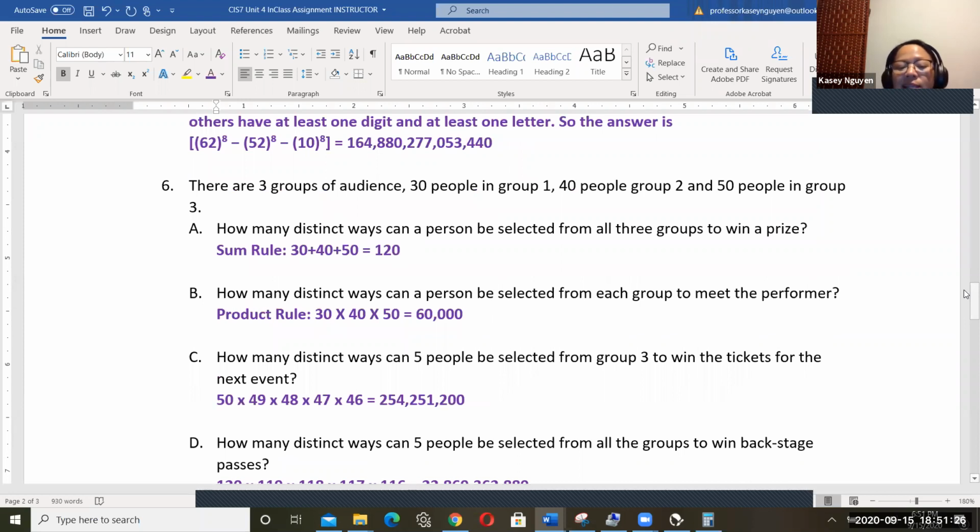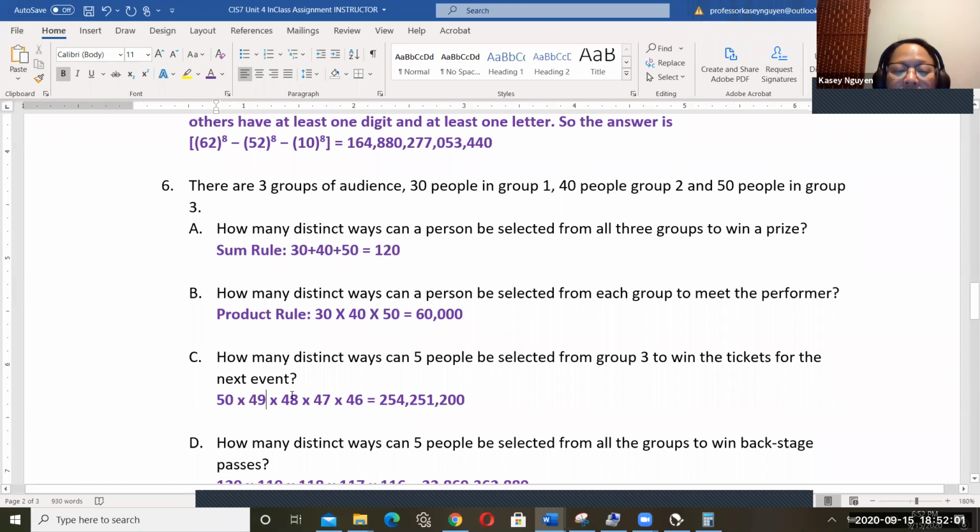Then for 6C, it asks you how many distinct ways can 5 people be selected from group 3 to win tickets for the next event. So you would take group 3, which is 50 people. You would start with 50 for the first selection, and then remove that person, we would have 49 left in that group.